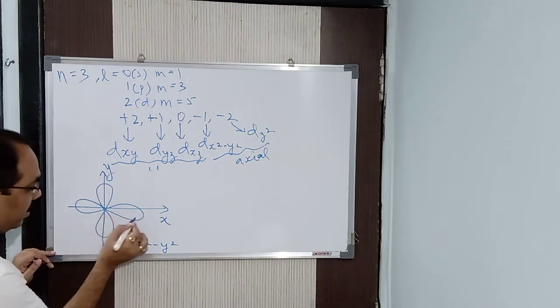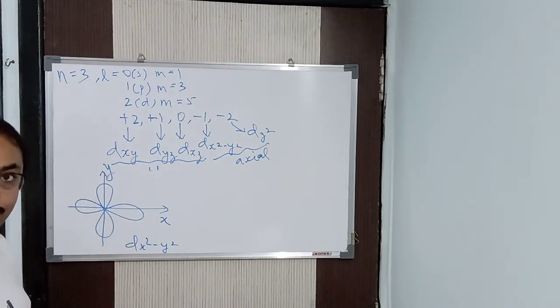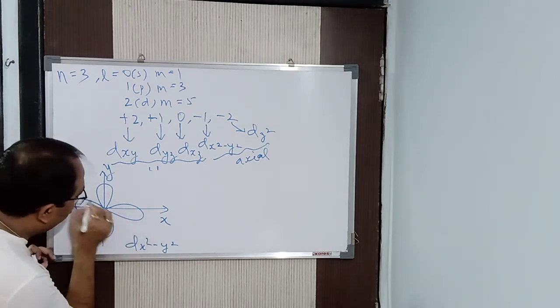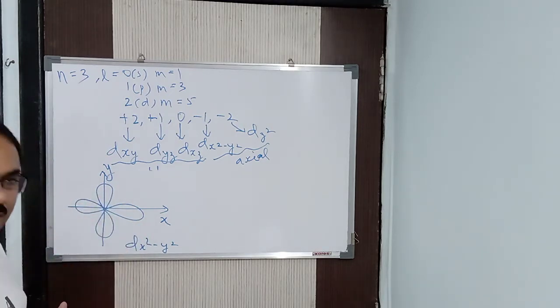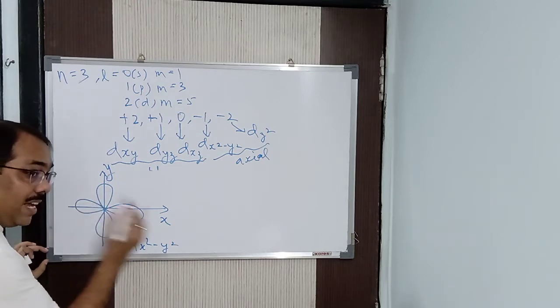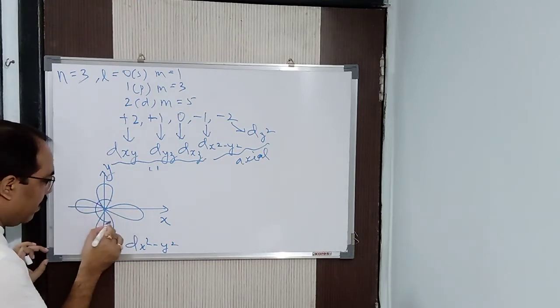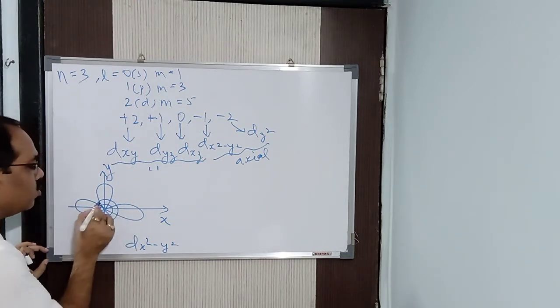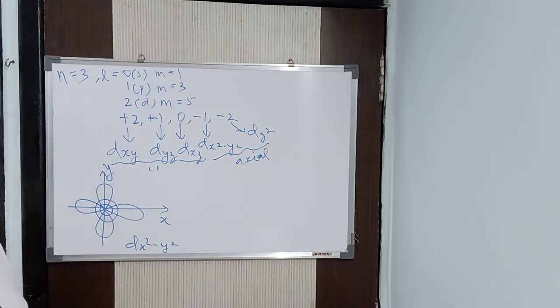If I draw another line over it, will you come to know? No. If I draw 100 lines also over here, will you come to know? No. For that reason, for x square y square I am drawing two circles. These two circles represent dx square y square.